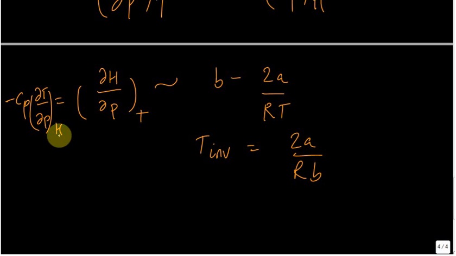So, if I try to reduce the pressure over here, what would happen to the temperature of the gas? Would it decrease? Would it increase? Or would it stay constant? Well, it would stay constant if this fellow is equal to 0.